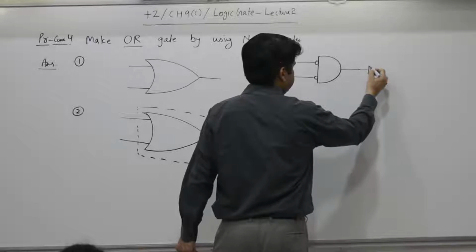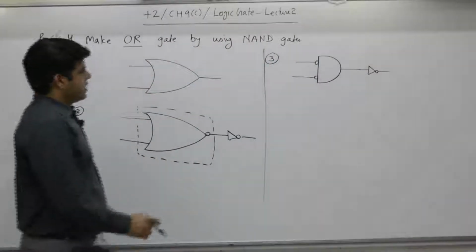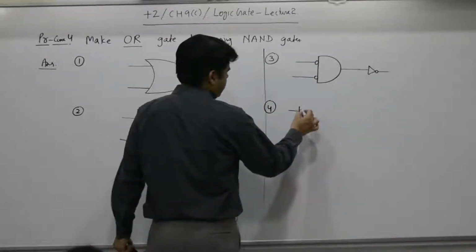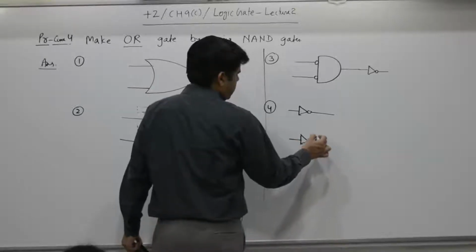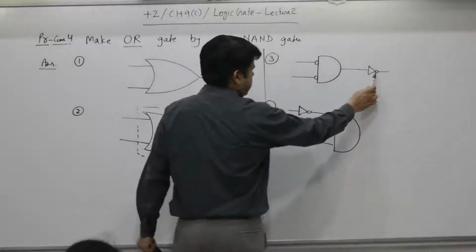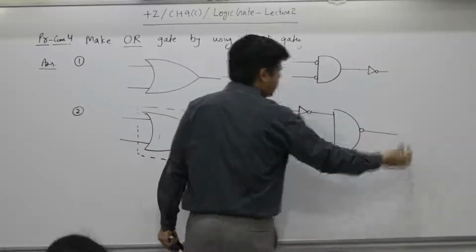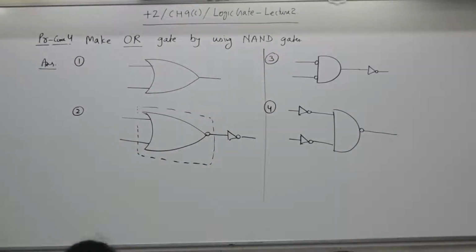And this is NOT operation. Can I write like this? NOT. We can shift this NOT gate here so that it becomes a NOT gate. Acceptable? Draw up to this one.